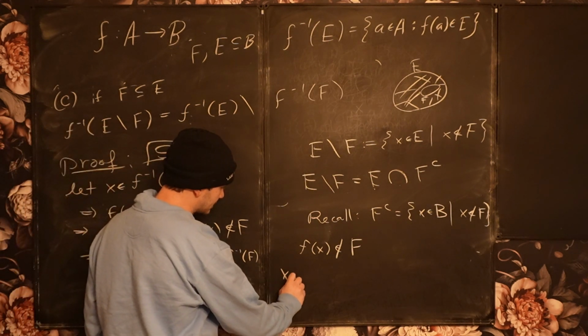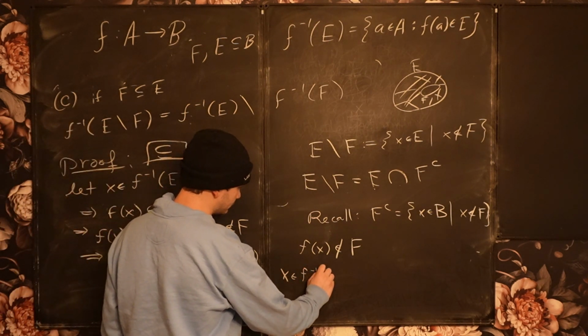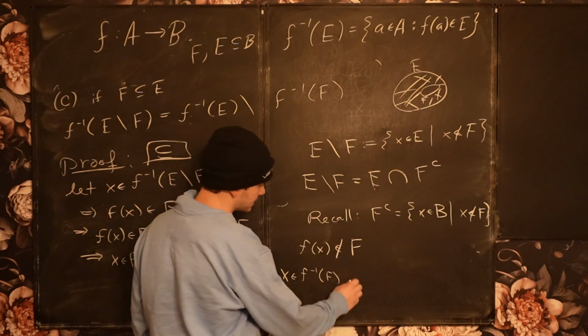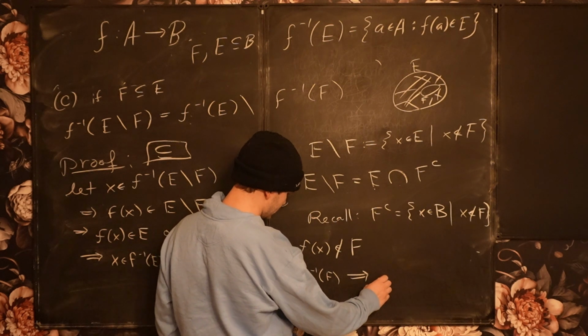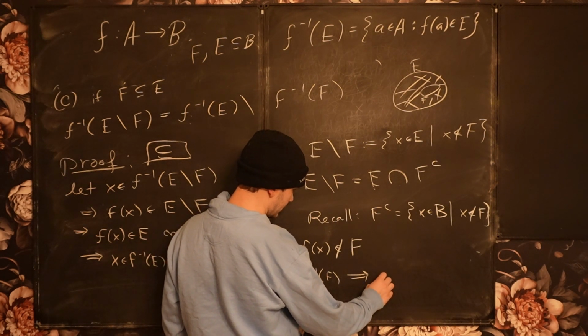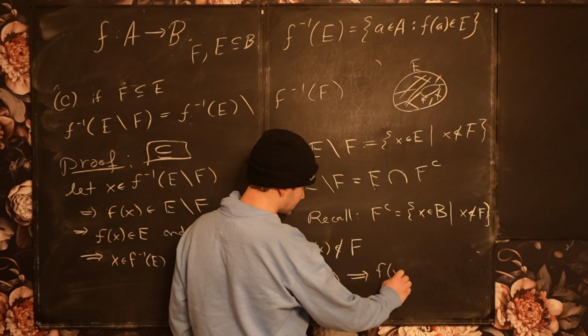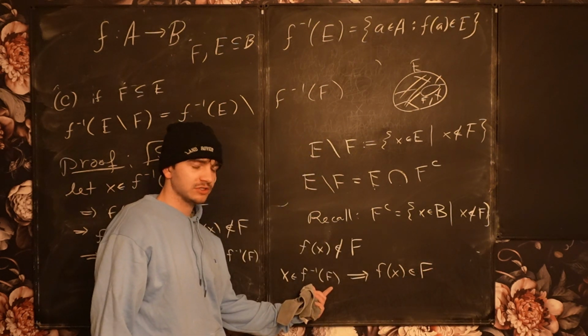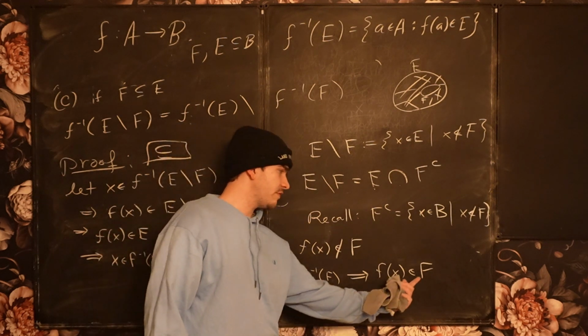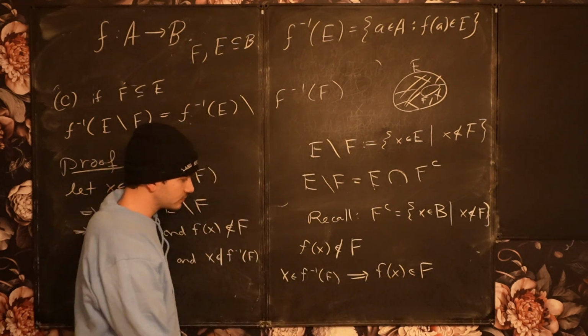Remember that x is in f inverse of F implies that f of x belongs to the set F, by definition of f inverse of F. So if x is in here, then f of x is in the original set F.